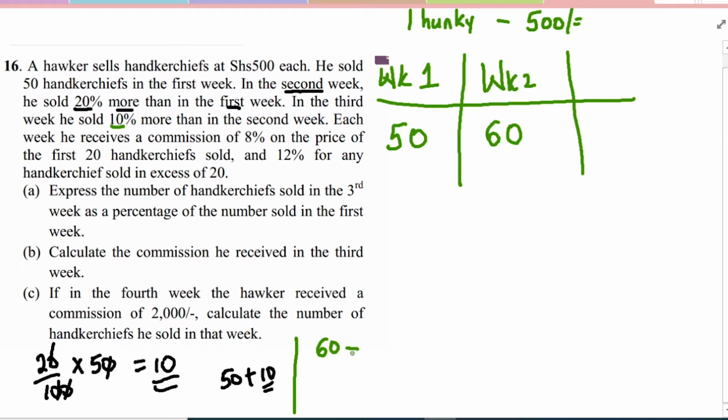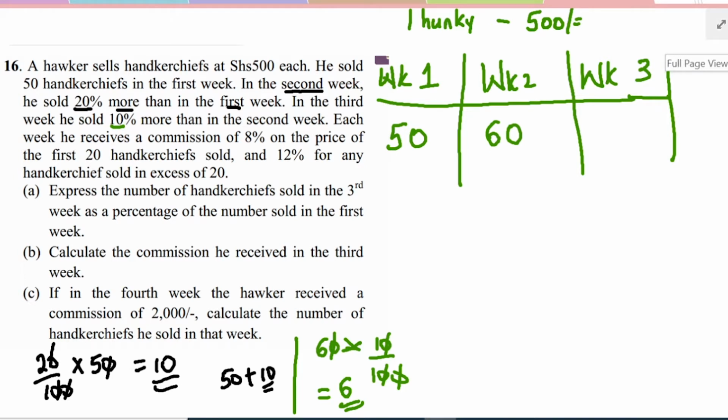So if in the third week he sells 10% more than in the second week, let's first look at 10% of 60. This is 60 times 10%, which is 10 over 100. This goes with that, this goes with that. So 10% of 60 is 6. So in the third week, it's 10% more than in the second week.